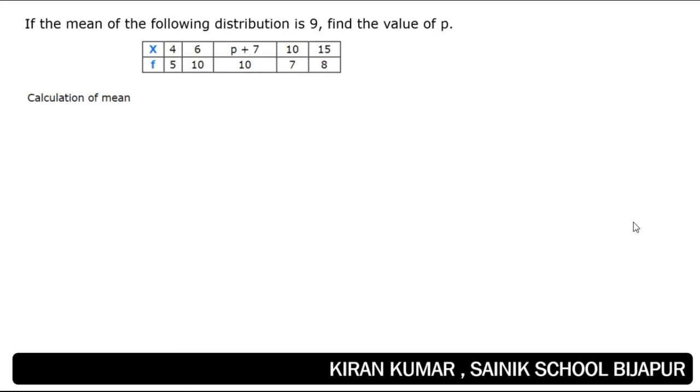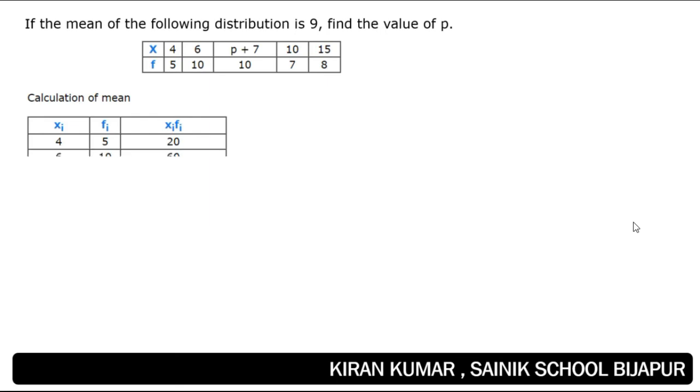Let's look at another question. If the mean of the following distribution is 9, find the value of P. X represents the observation, F represents the frequency. Here, the value of P has to be found. So I'll make columns xi, fi, and the product. 4, with frequency 5, so fi xi will be 20.